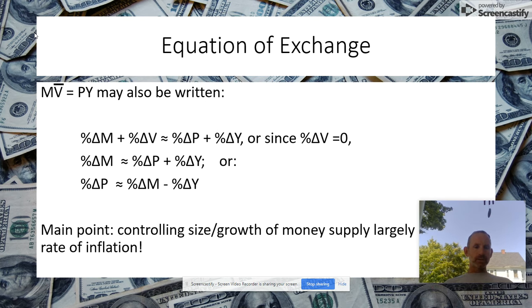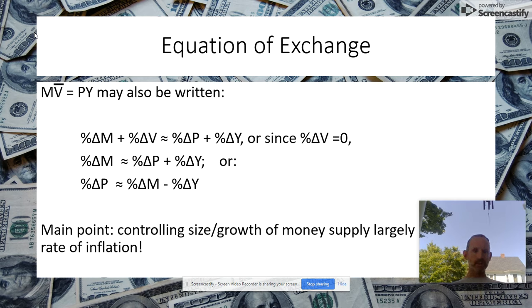Your book also shows you this form. That formula can be rewritten. It's not exactly mathematically true, but roughly, if you take all the percent changes, the percent change in M plus V is going to be roughly equal to the percent change in P plus Y. And since we have assumed that velocity is constant, its percent change is zero, so that can just fall out.